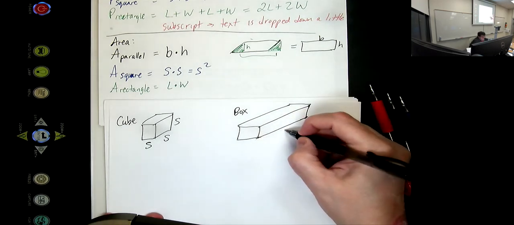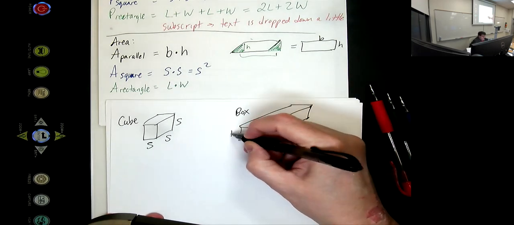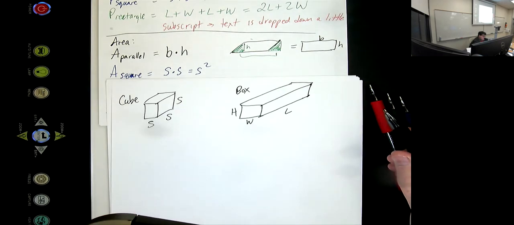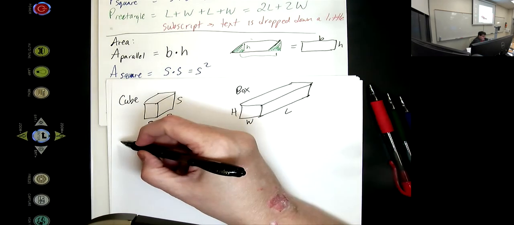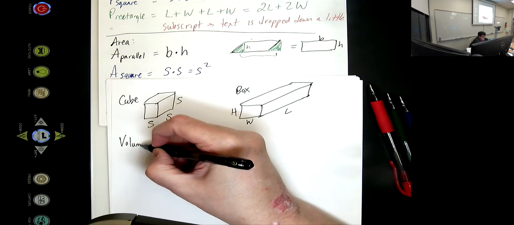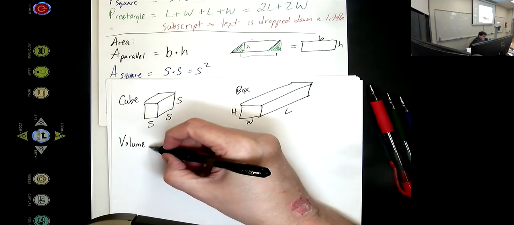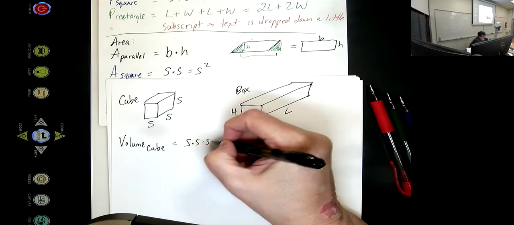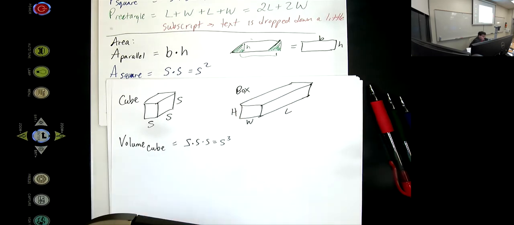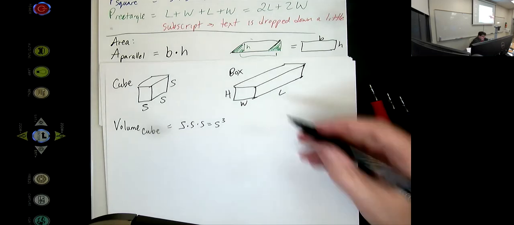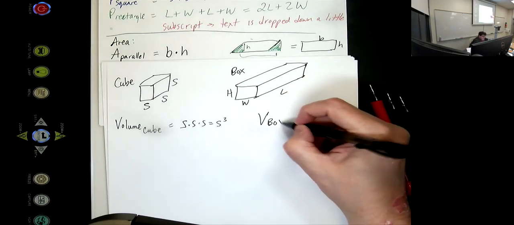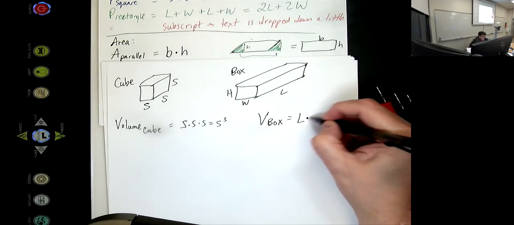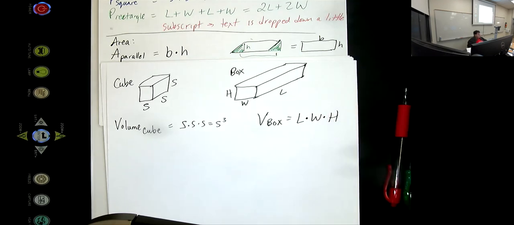This has got a length, this has got a width, and this has got a height. The volume of a cube is S times S times S, or S cubed. The volume of a box is multiplying all three sides, L times W times H.